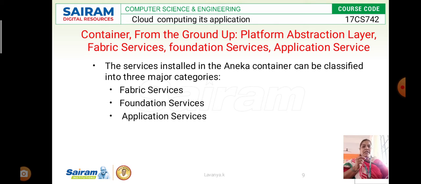The resource provisioning services are in charge of dynamically providing new nodes, as demanded by the virtualization technologies. The monitoring services follow hardware profiling and provide a basic monitoring infrastructure that can be used by all the services already installed by the Aneka container.